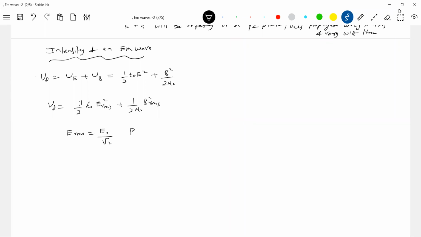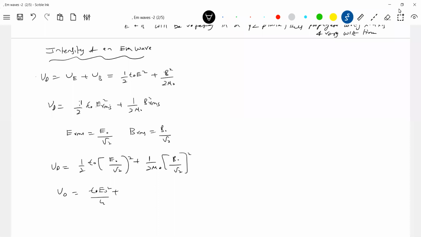E naught by root 2. What is B RMS? B naught by root 2. Substituting that, the energy density will be half epsilon naught times E naught by root 2 whole squared, which is epsilon naught E naught square by 4.